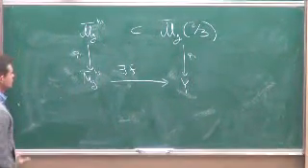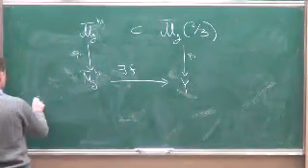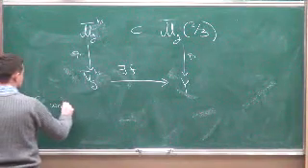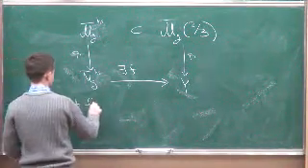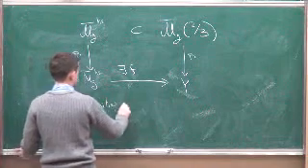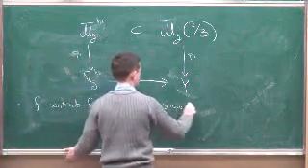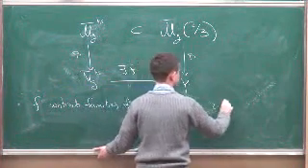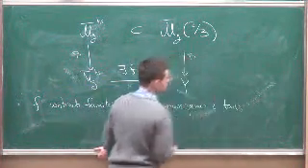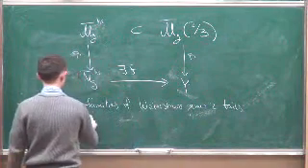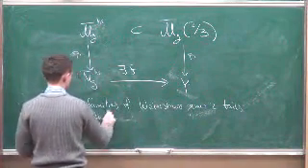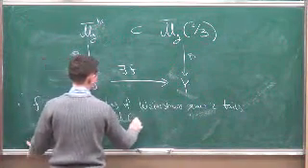And from the modular description, F contracts families of Weierstrass genus 2 tails, and in my notation C naught is fixed.